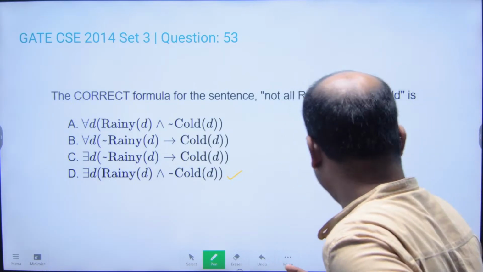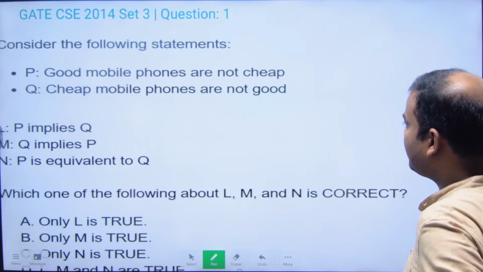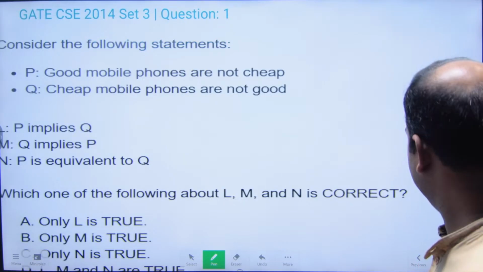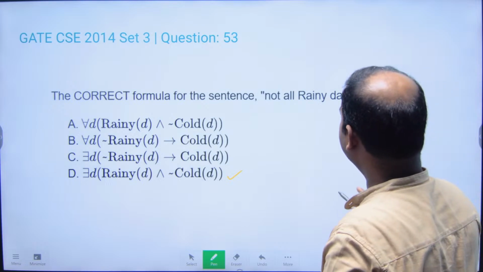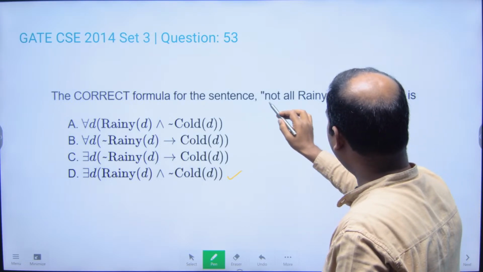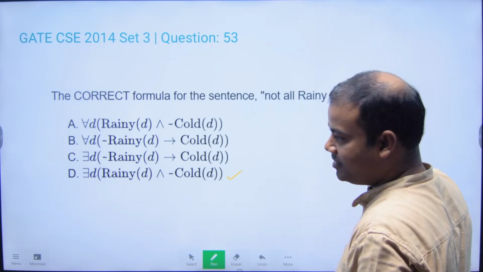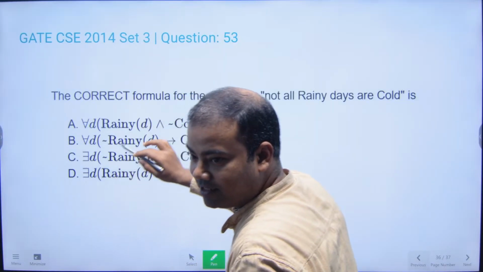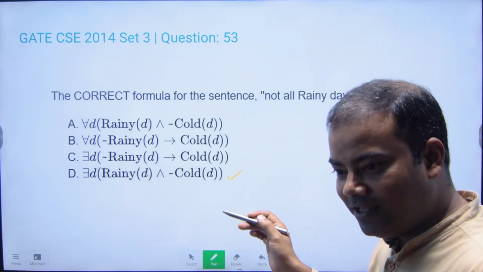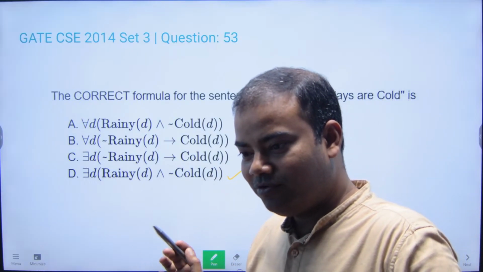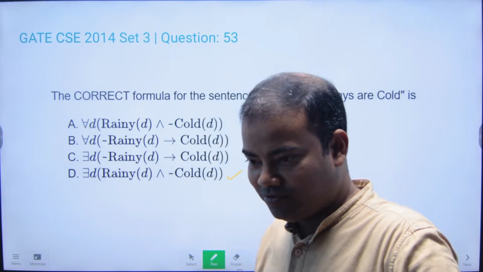So whenever it says not all, you go to there exists. Similarly, not everyone, then you go to for all.